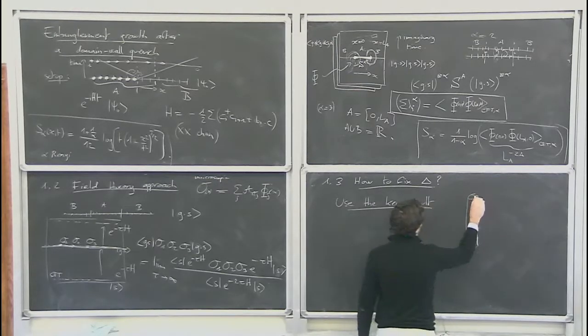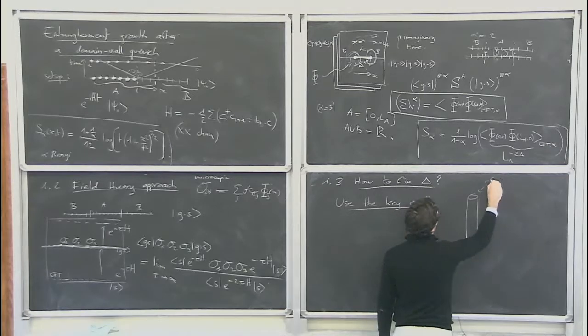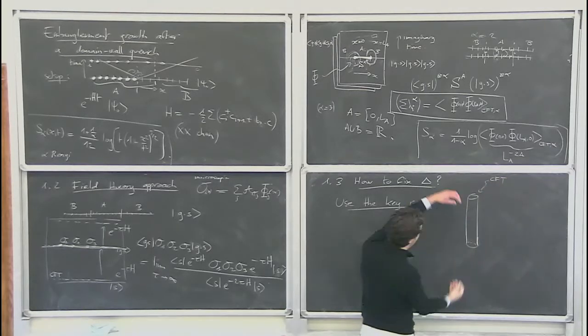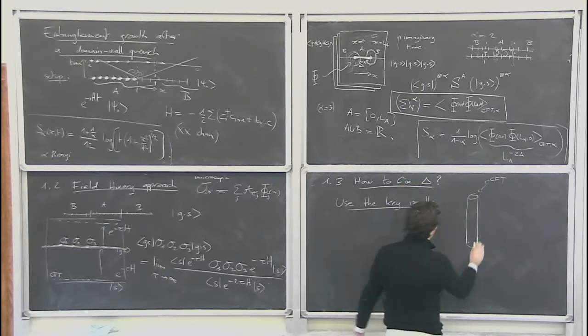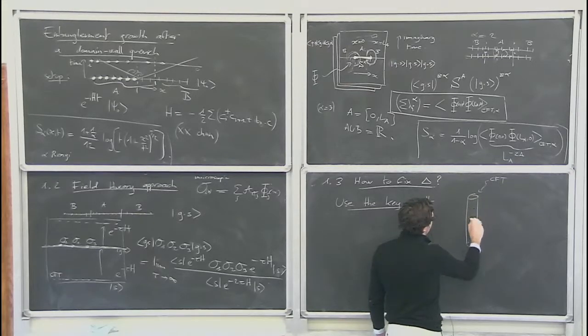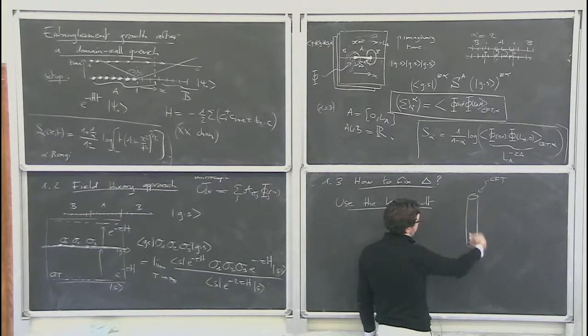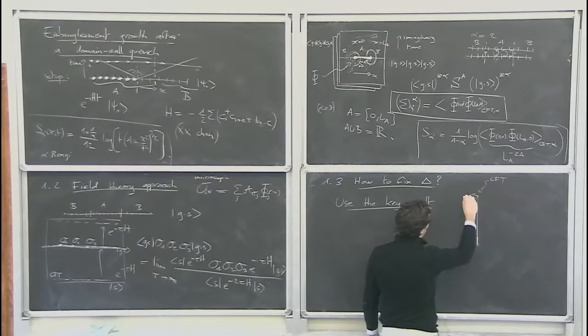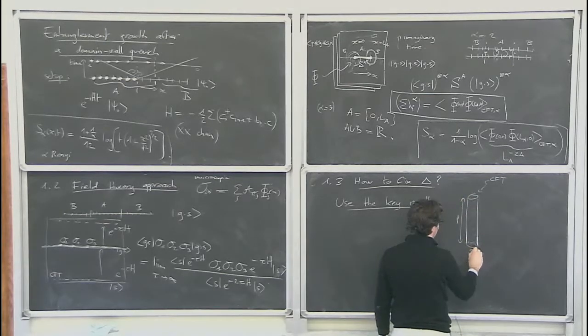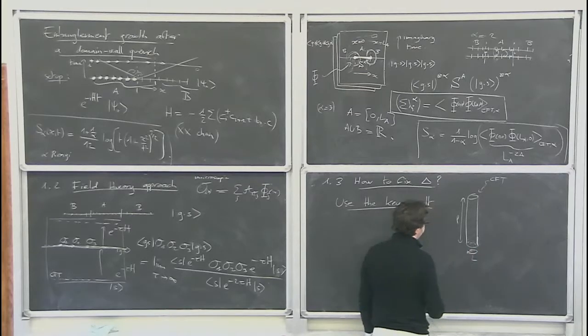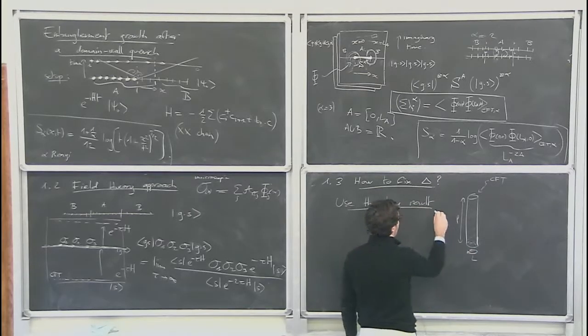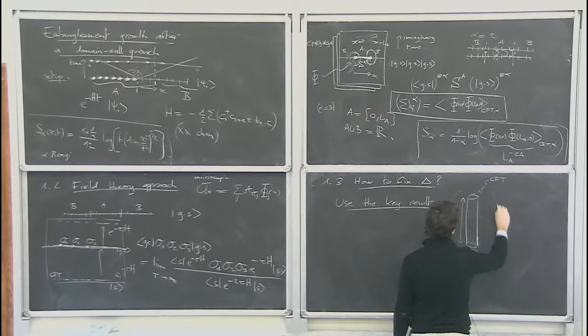If I take my CFT on a long cylinder, a long tube like this, so the degrees of freedom are living on a cylinder with length L and circumference capital L, say. And I calculate the partition function of that thing.